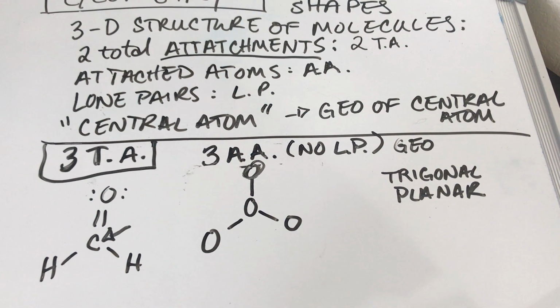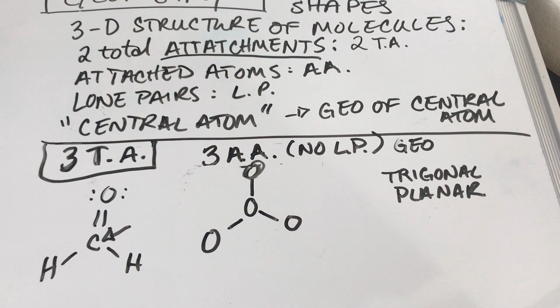Professor? Yes. So when we're talking about doing geometry, are we only ever looking at the central atom and not all of the atoms together? So Sadie, I think you're in a lab that's already done part B. What you do in part B is expand this concept of central atoms to large molecules, where you could look at any of the atoms in the molecule and talk about their geometry.